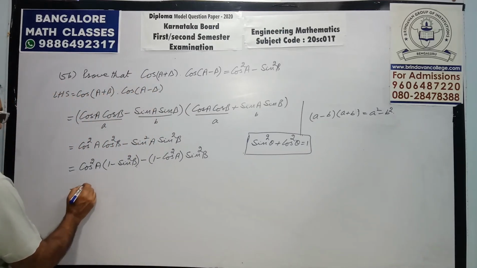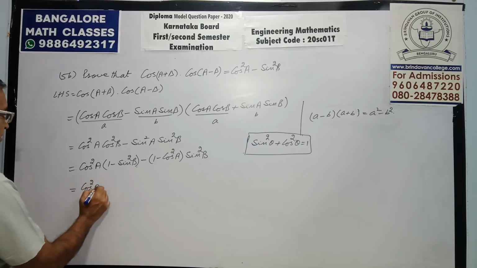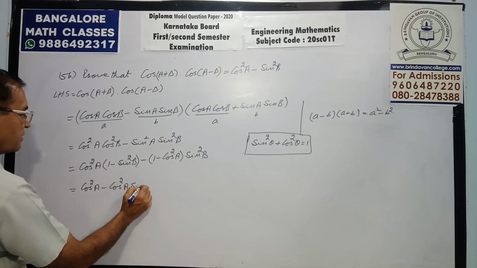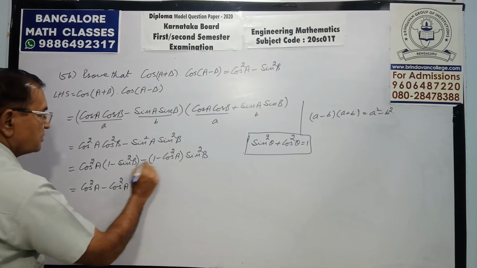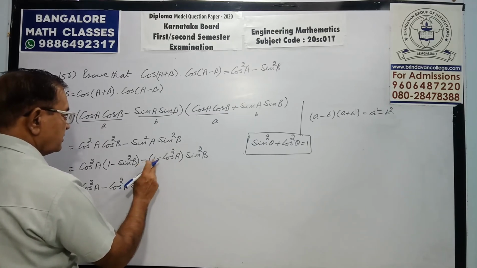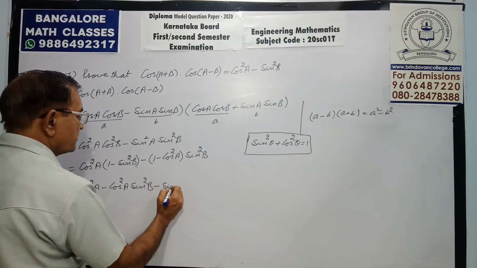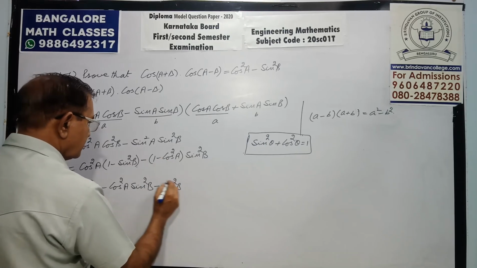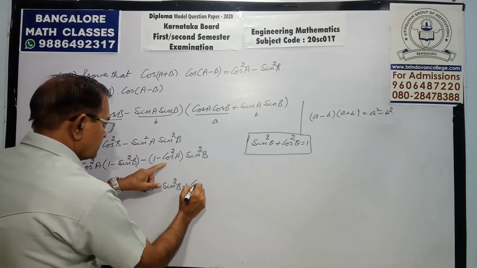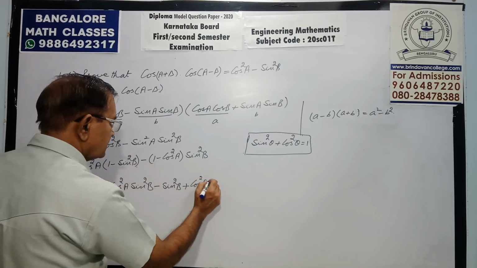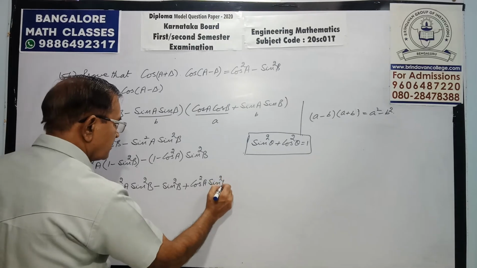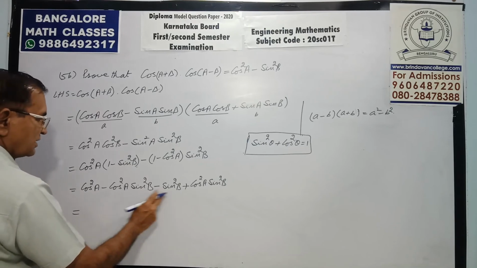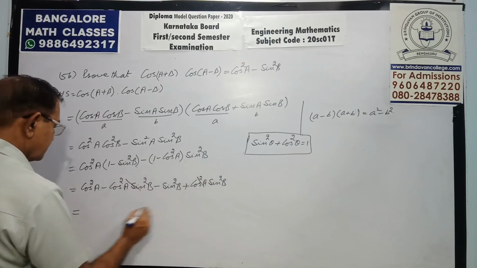Now open the brackets. Cos square A minus cos square A sin square B, now multiply negative sin square B, minus minus plus, cos square A sin square B. Cos square A sin square B negative and cos square A sin square B positive, we can cancel.